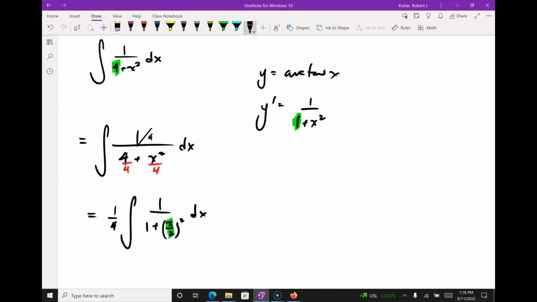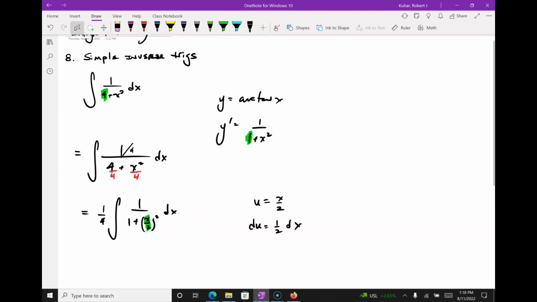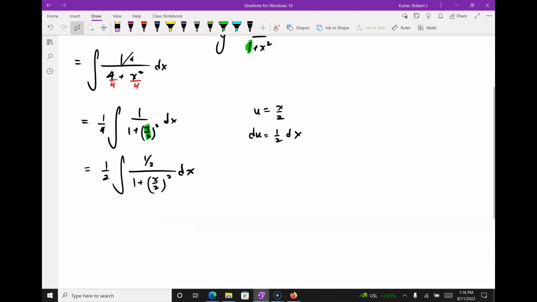Now I need a u sub. So u is x over 2, du is 1 over 2 dx. I have a 1 over 2. I have a 1 over 4, right? That's 1 over 2 times 1 over 2. That's my 1 over 4. Oops, dx, sorry. And so 1/2 dx is my du now, right?